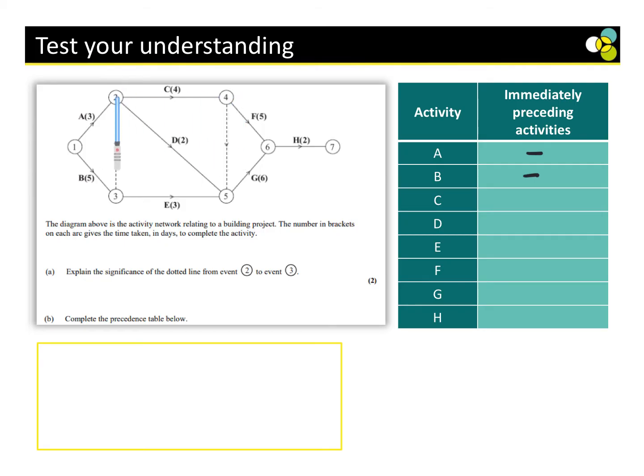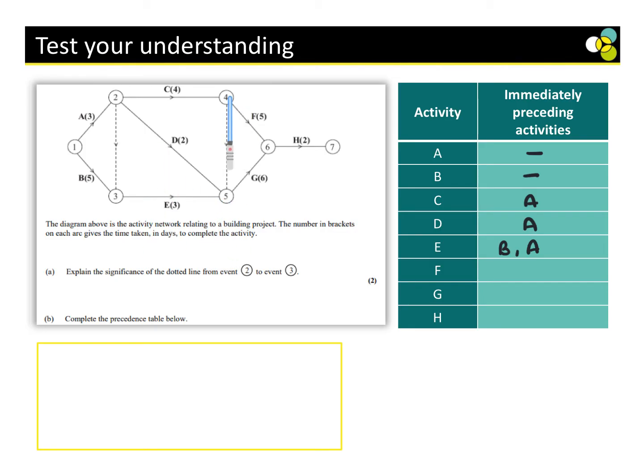We go to C, we go to D. So that means C and D are dependent on A. Now I'm going to have a look at B. Where do we go? B goes to E, but can we see the dummy here? This means that for E to happen, A and B have to have finished. So E is actually dependent on A and B. Every time you go to a node, look what's coming into it.